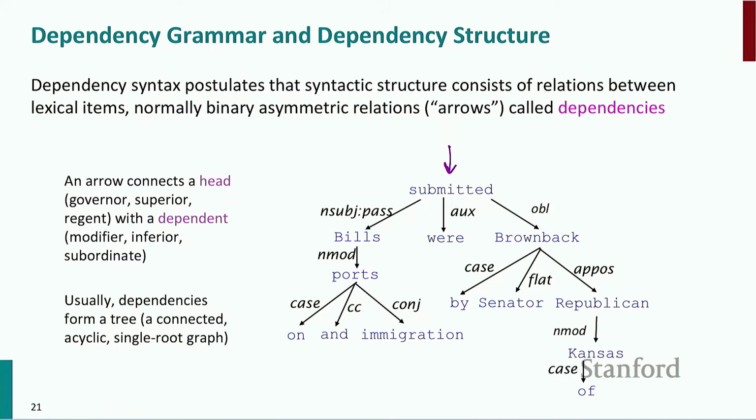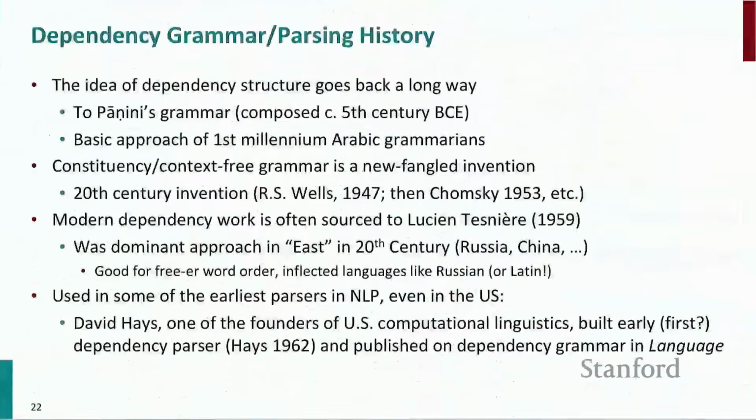Although what you see most often these days, either in a linguistics class or when you get taught CS224N at Stanford or computer science, is normally context-free grammars or phrase structure grammars, really it is dependency grammars that have the really long history.